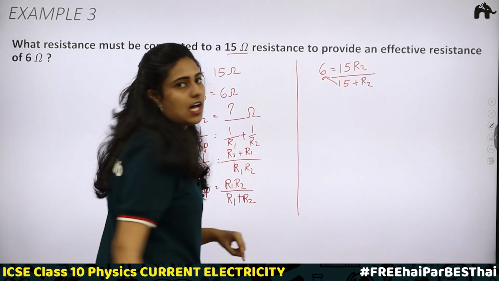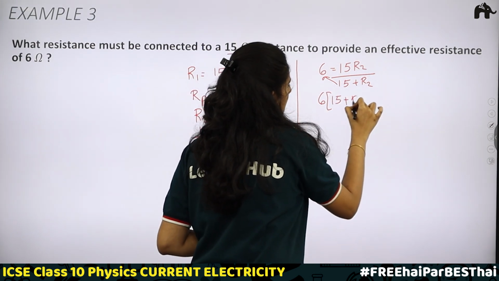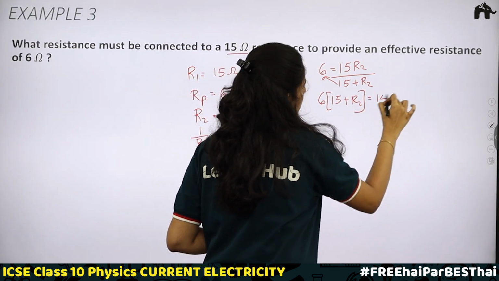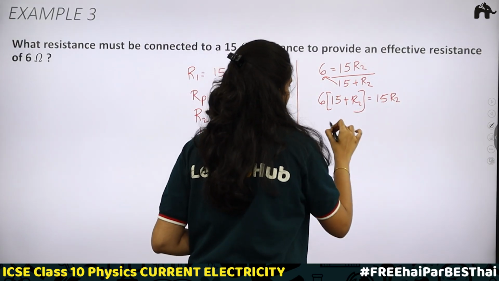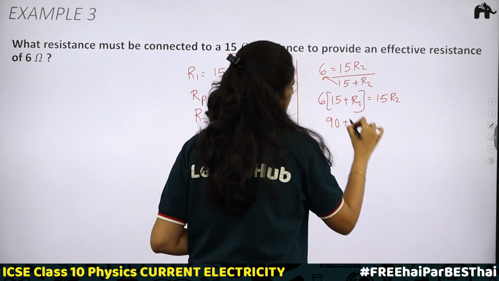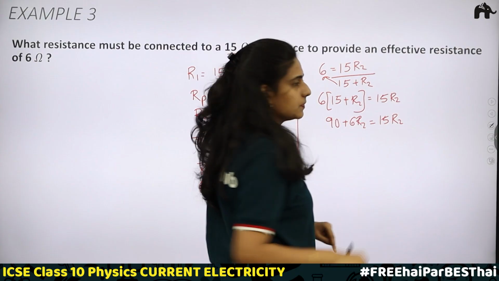Taking this 15 plus R2 to the opposite side, 6 into 15 plus R2 is equal to 15 R2. 6 into 15, you will be getting 90 plus 6 R2 is equal to 15 R2. Okay.